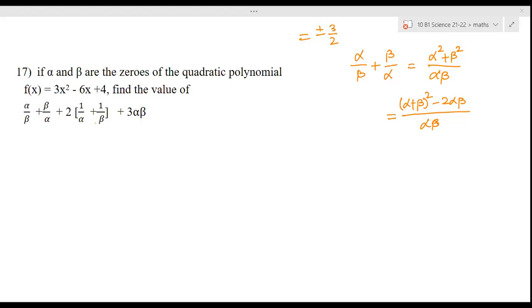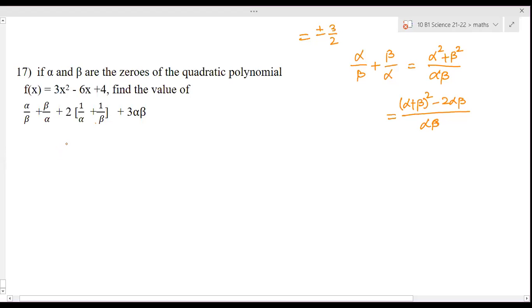So x's coefficient is b. So what is the coefficient of x? It is minus p only. Open that bracket and then x square separate, x separate, and the constant term separate. Okay.